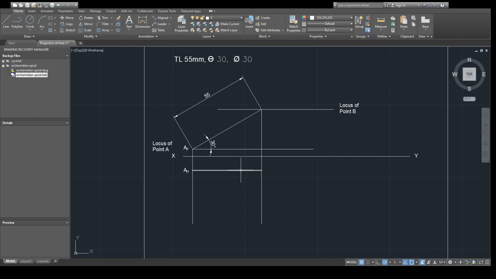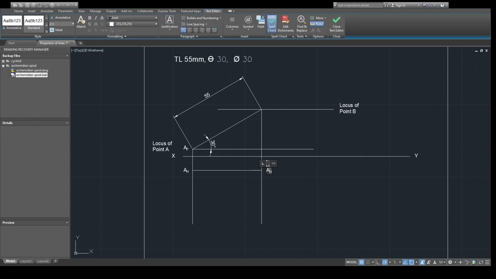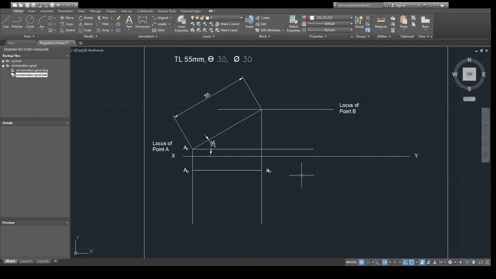I will name this point as small h. So this h and small h, this particular line is nothing but the top view length of the line AF.